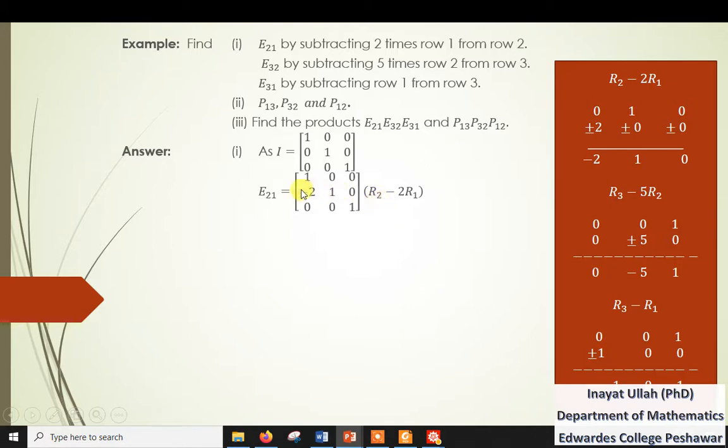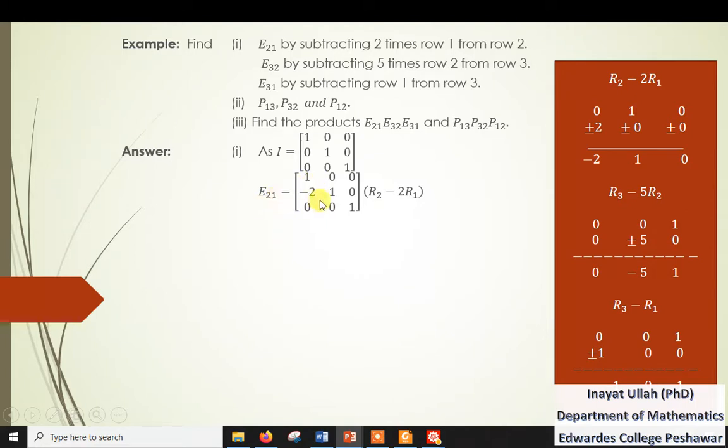So row 2 has been changed, and the main change is that this 0 is replaced by minus 2. So whichever number is multiplied by row 1, the negative of that number is introduced in row 2.